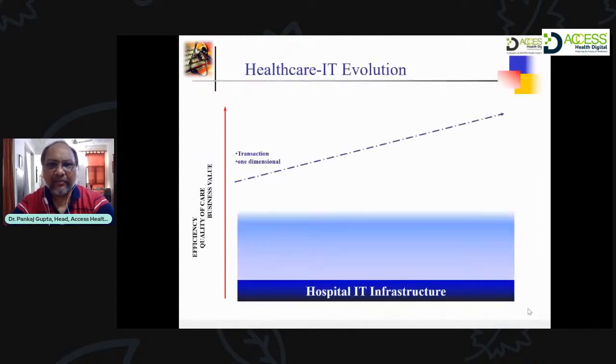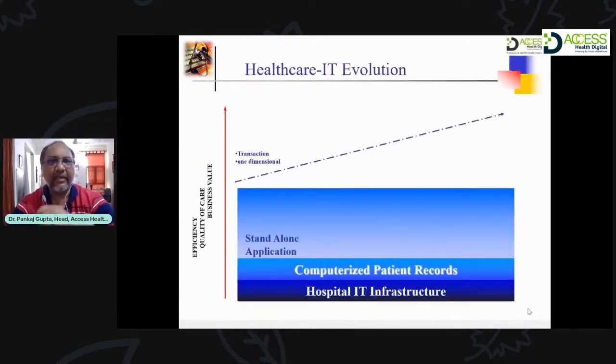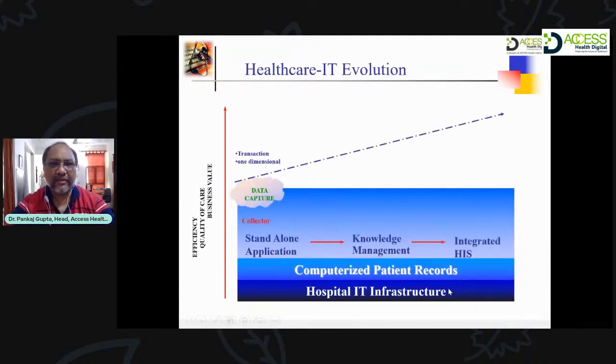Let's start with the first one, which is the healthcare IT evolution. How has this evolution happened? It started with simple stuff in terms of data capture systems. If you look at data capture systems, most of your public health systems in India, which are program-based IT systems, these are data capture systems.